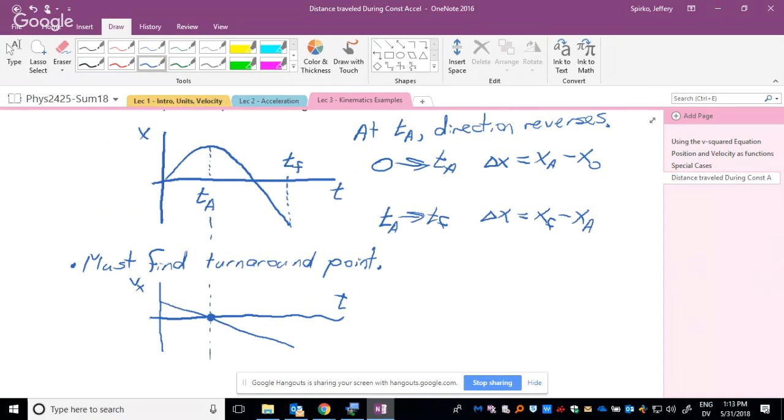As I drew it, this acceleration happens to be negative. But in the homework question 11, it is positive. So you would say something like delta S is absolute value of delta X. Calculate them separately, take their absolute values, and then add them.